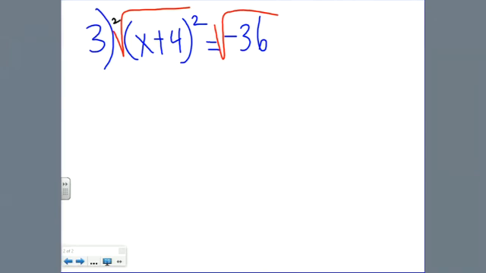On the left side, our root and our exponent cancel, leaving us with just x plus 4. Anytime you take the square root of any number, whether it's positive or negative inside the radical, you have to put a plus minus symbol in front.